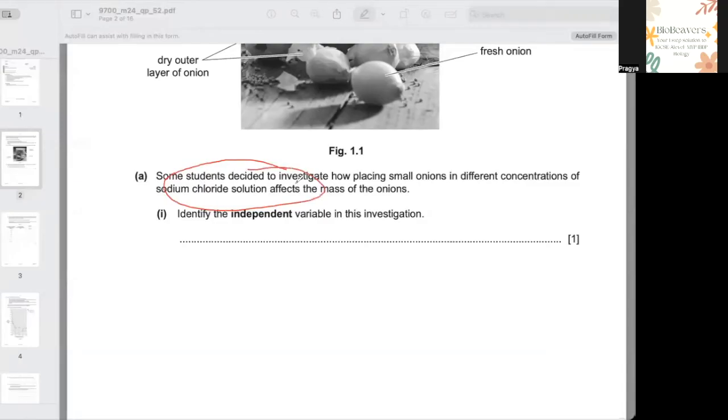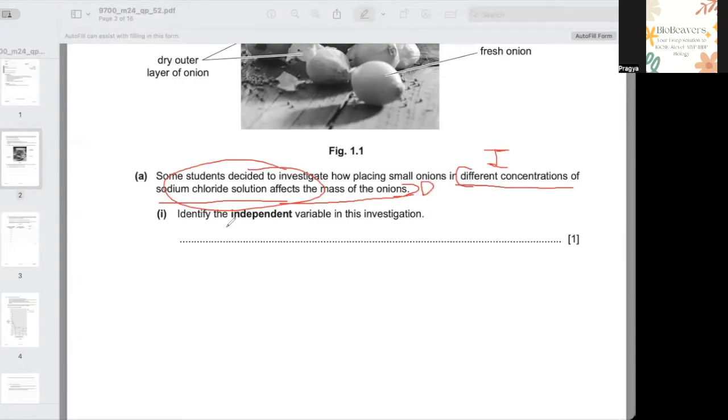Some students decide to investigate how placing onions in different concentrations of sodium chloride solution affects the mass of onions. So here is the statement or the hypothesis of the experiment. Different concentration of sodium chloride affects the mass of onions. Different concentration is the independent variable, and mass of onions is the dependent variable.